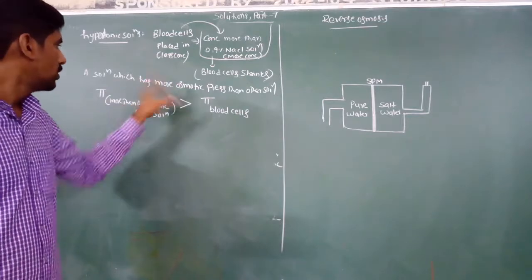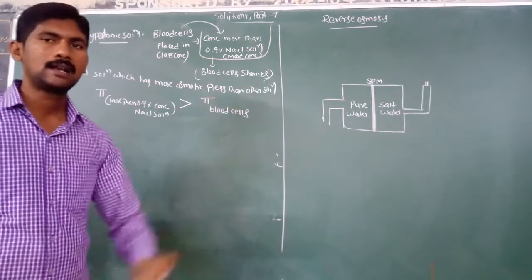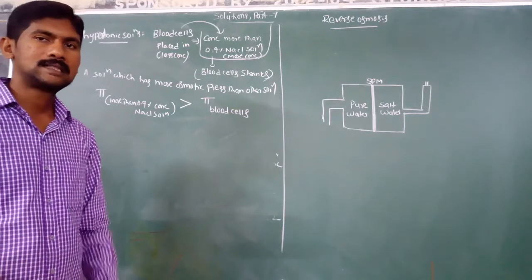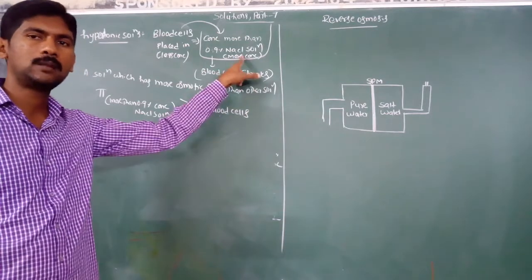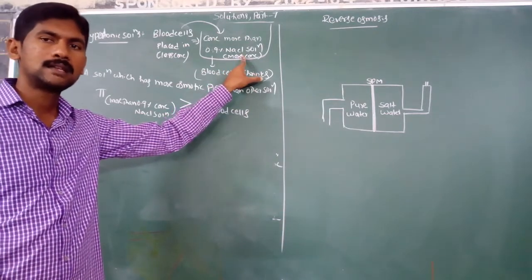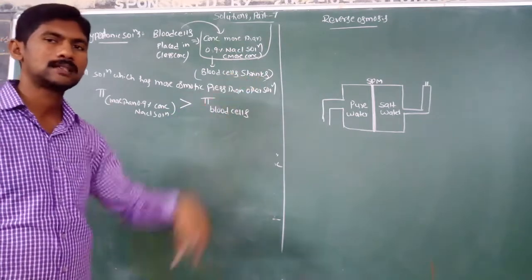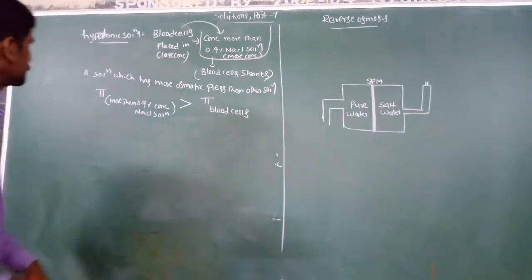A solution which has more osmotic pressure than other solution is known as hypertonic solution. So if blood cells are placed in more than 0.9% concentration of NaCl solution, then the blood cells shrink. This is known as hypertonic solution.